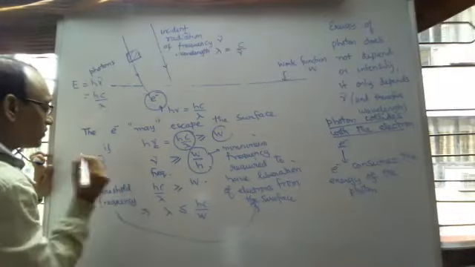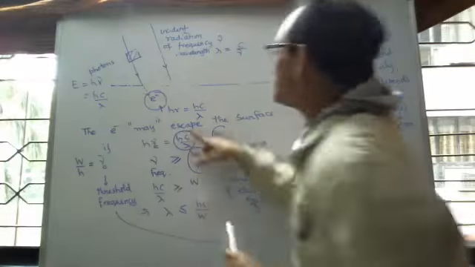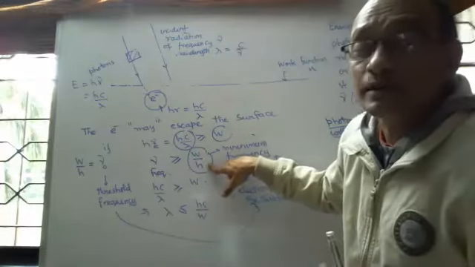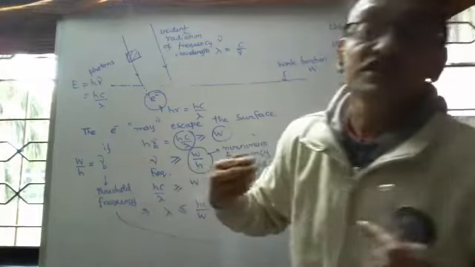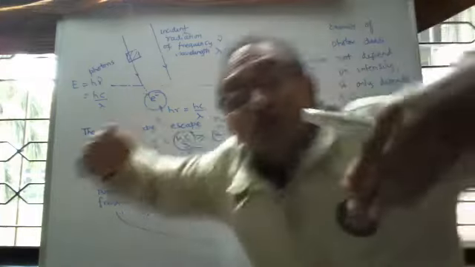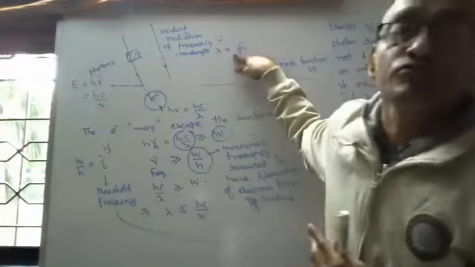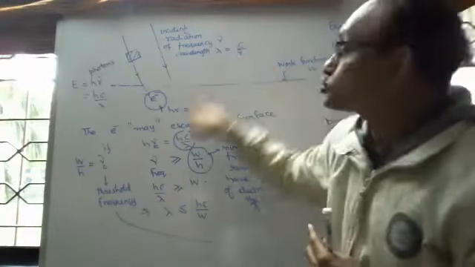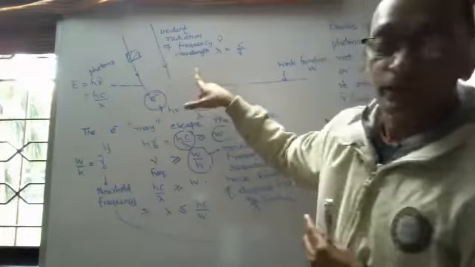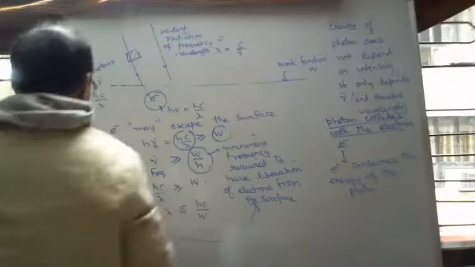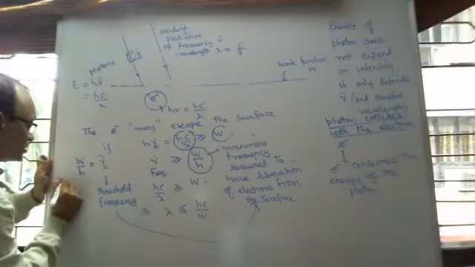This W by H is that minimum frequency, gamma naught, which is required for a possible liberation of the electrons from the metal surface. This is called the threshold frequency for this metal.